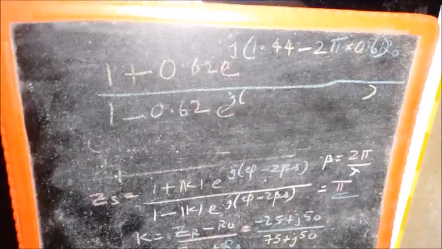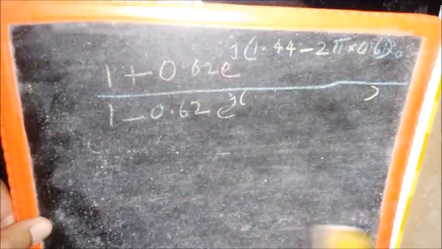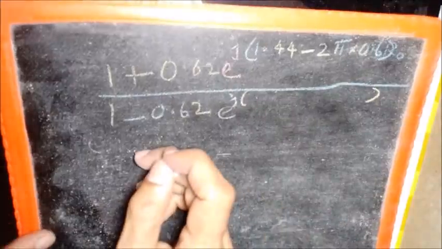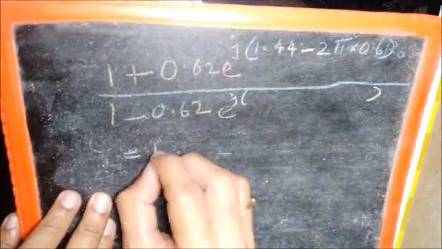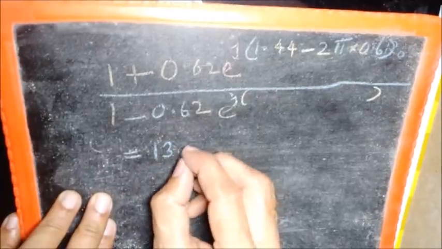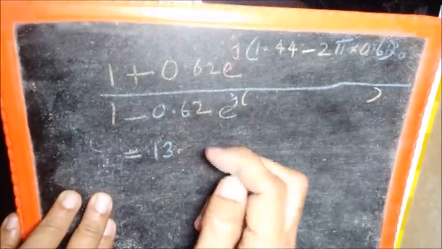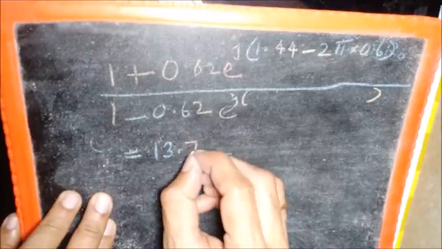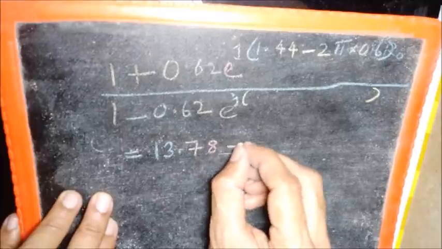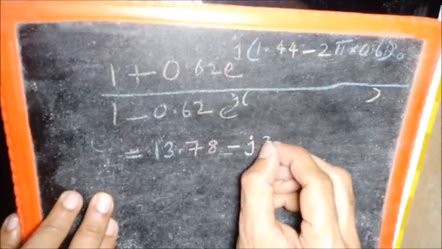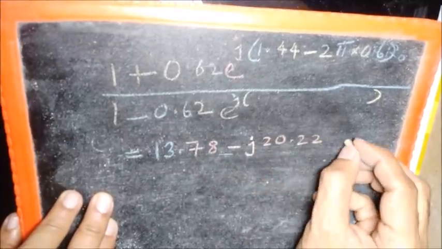And you can calculate this, and you will get an answer which is very close to, or maybe exactly the same as, 113.78 minus j20.22 ohms.